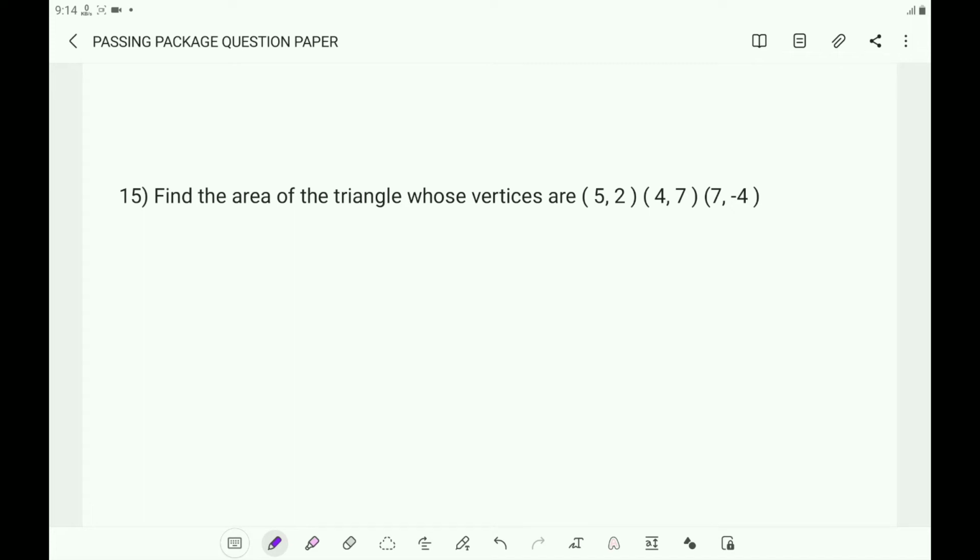So you write first the coordinates of the vertices are 5, 2, 4, 7, 7, minus 4. So consider these are x1, y1, x2, y2, x3, y3. Now you write the formula. So what is that formula?